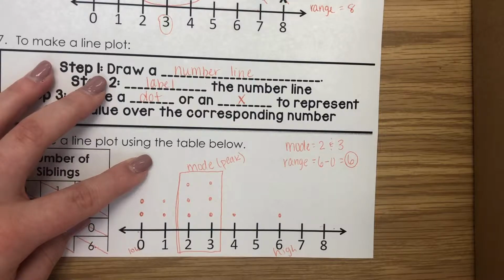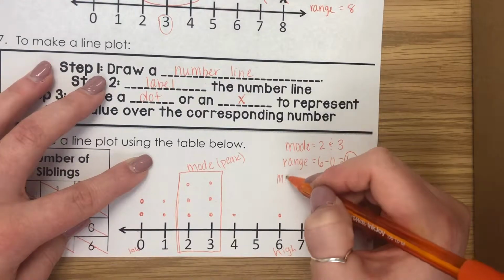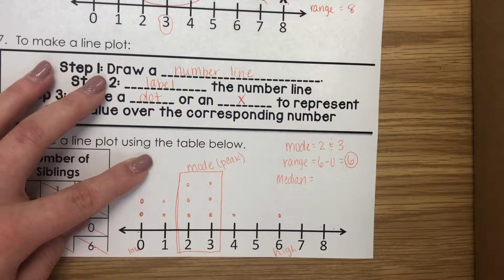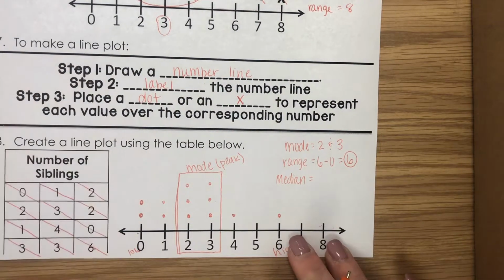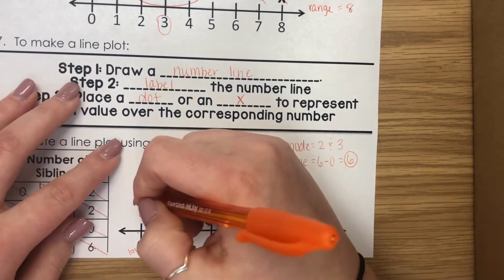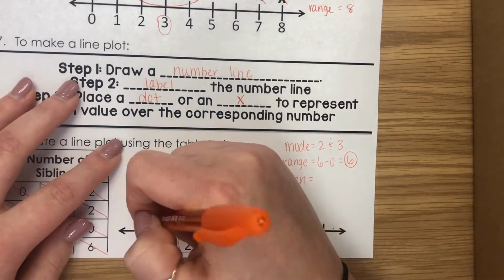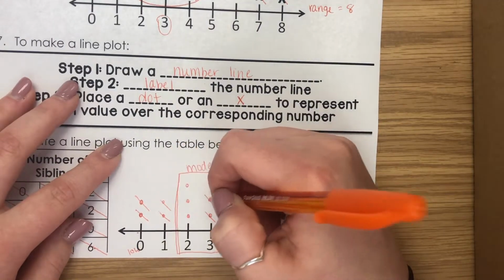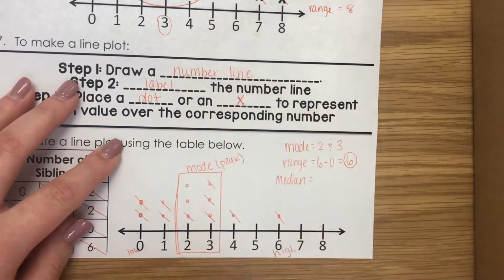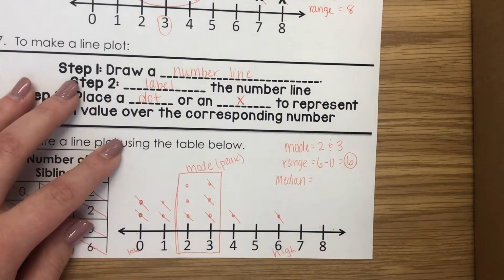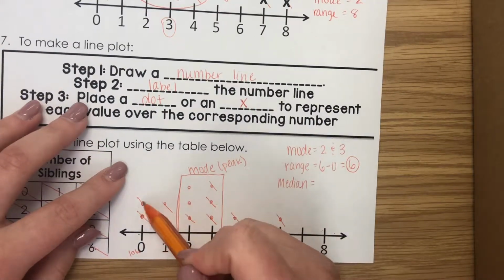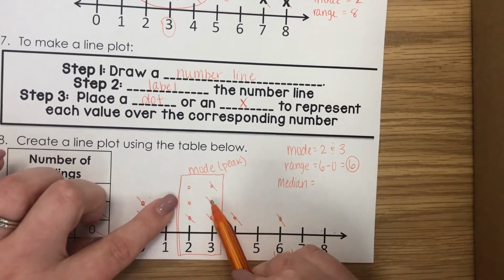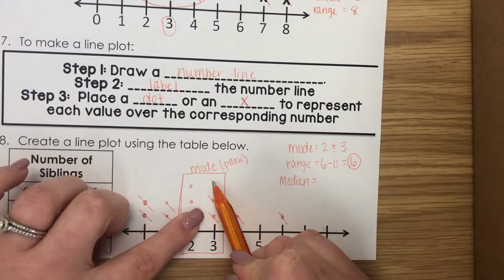If we wanted to find our median, we would need to cross out our dots and figure out where the middle is. So I would do a low for a high, a low for a high, and so on, and now we're down to 2. So I'll cross them off in pairs. So now we're left with 2 in the middle.